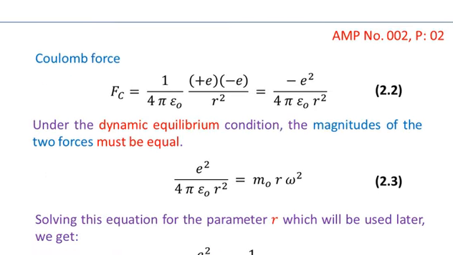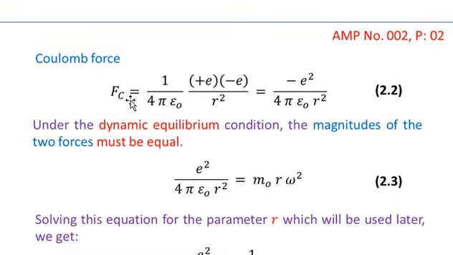And the Coulomb force, which is the force between the two charges, that is between the proton and the electron, because we are considering the hydrogen atom. So we have the Coulomb force, which is 1 over 4 pi epsilon naught multiplied by the product of two charges, that is plus e due to the proton and minus e due to the electron, divided by the square of the distance between them, r.